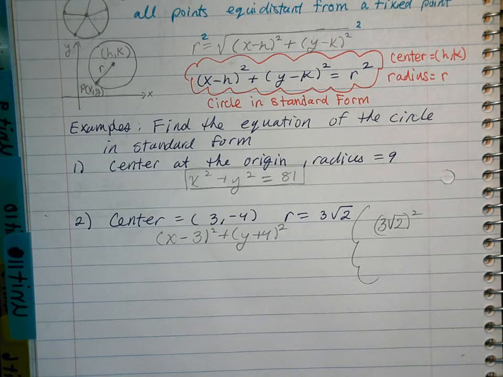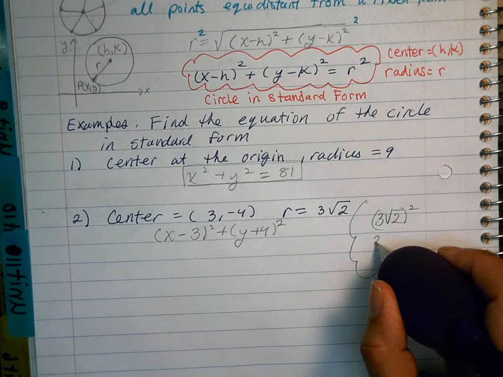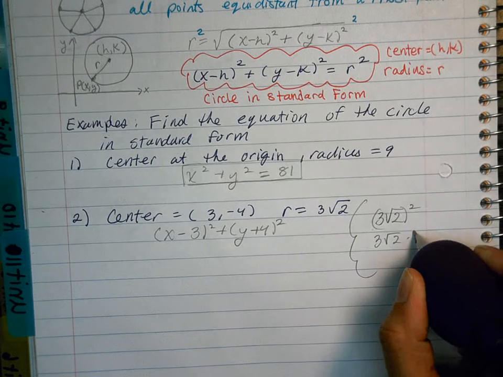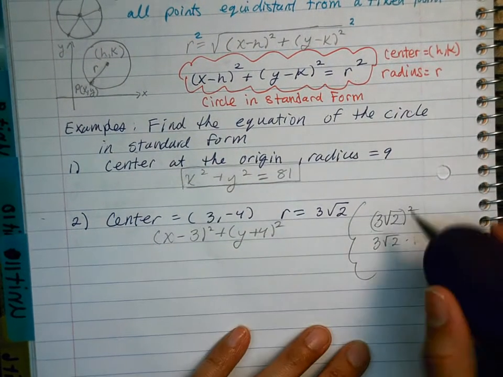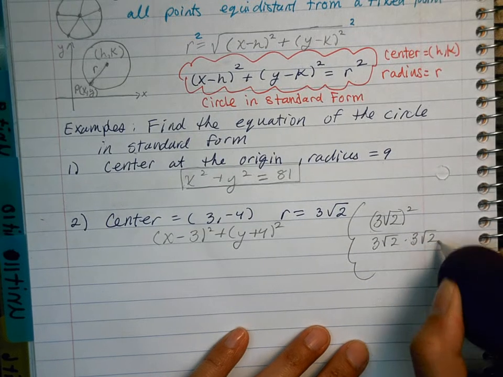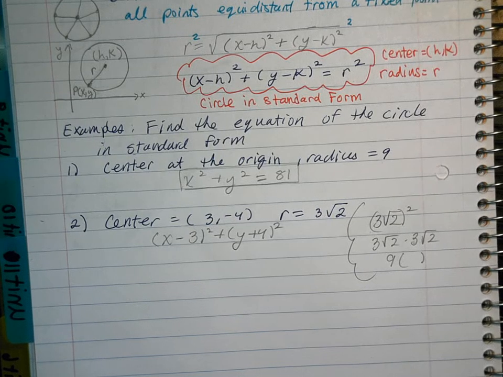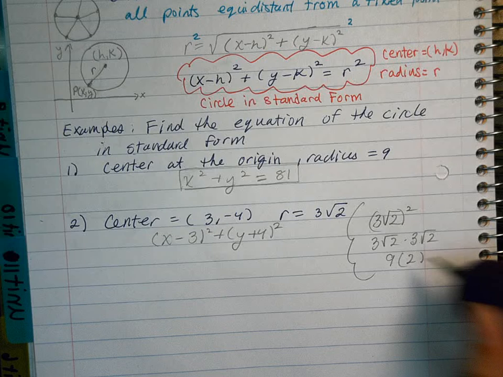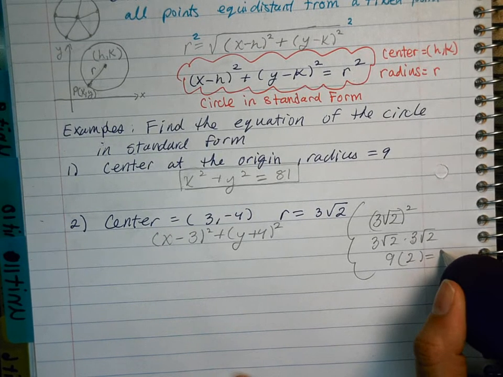You can distribute the exponent, 3 squared, root 2 squared, or think it through like this. 3 times 3 is 9. What's root 2 times root 2? Root 2 times root 2 is just 2, right? Because the radicals undo each other. And this comes out to be 9 times 2 is 18.